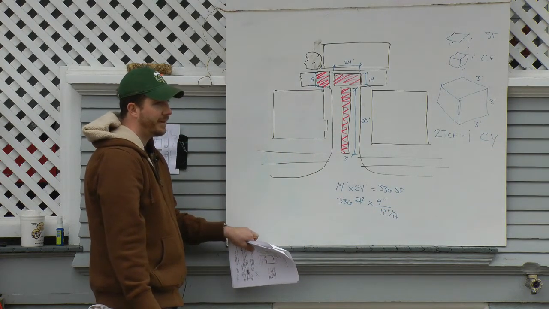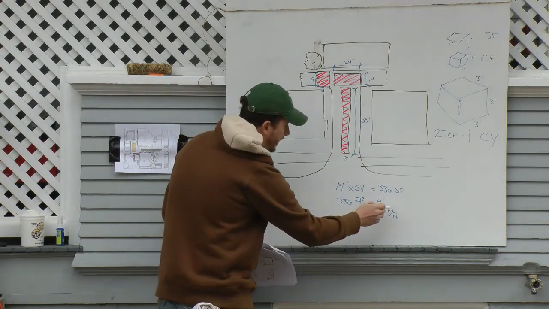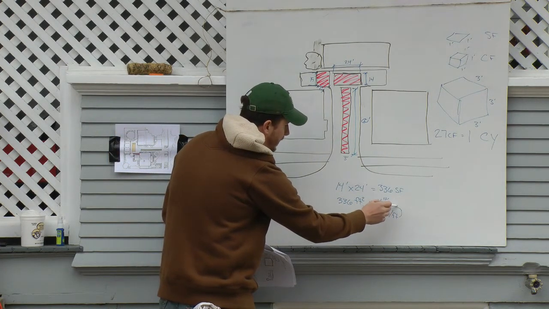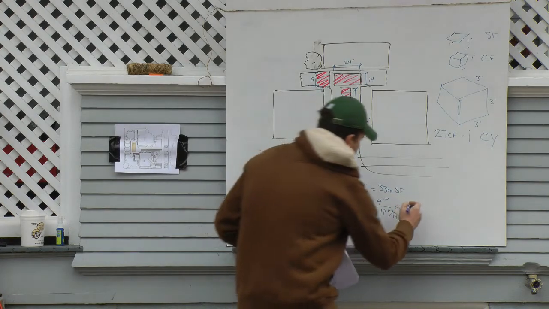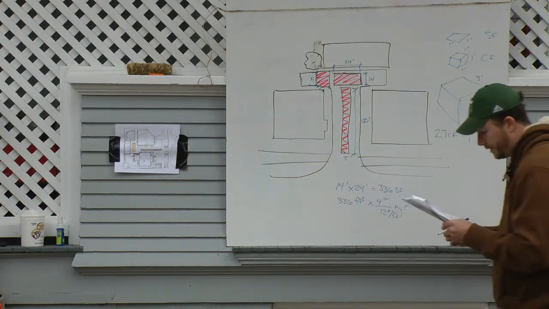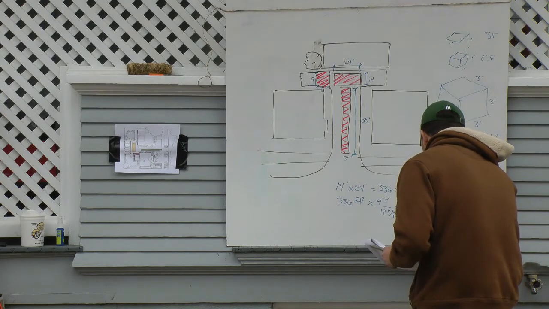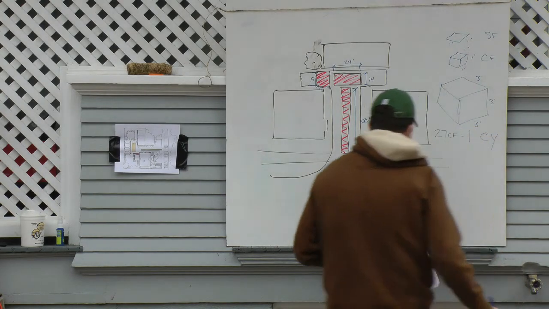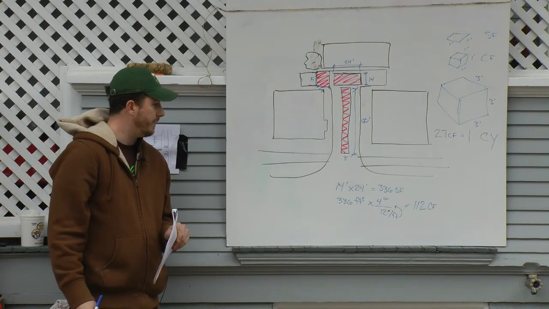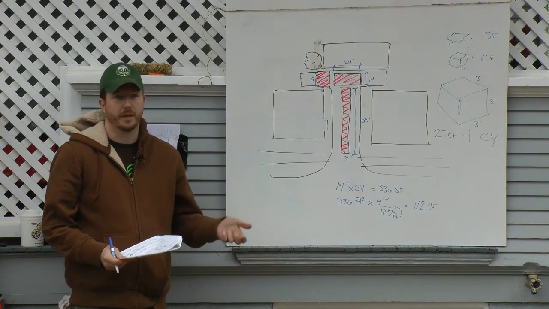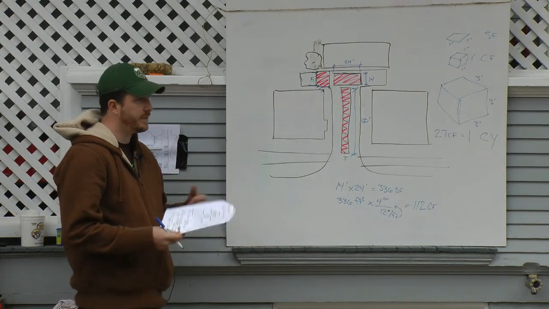Getting back to math class, your inches cancel, your feet moves up into the numerator, and that gives you a cubic foot measurement. So we had 112 cubic feet out of that. That's the one conversion you really need to be mindful of, just making sure you stay consistent.